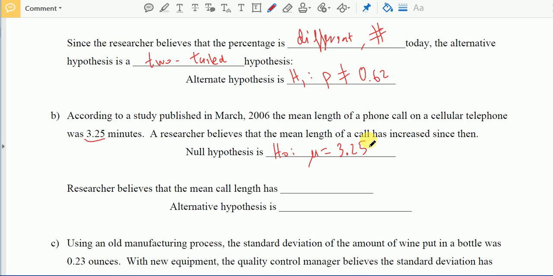Now, someone claims that it has increased. That means we are pointing to the right, so this should be the right-tail hypothesis. Therefore, the alternative hypothesis should be bigger than the given existing value.